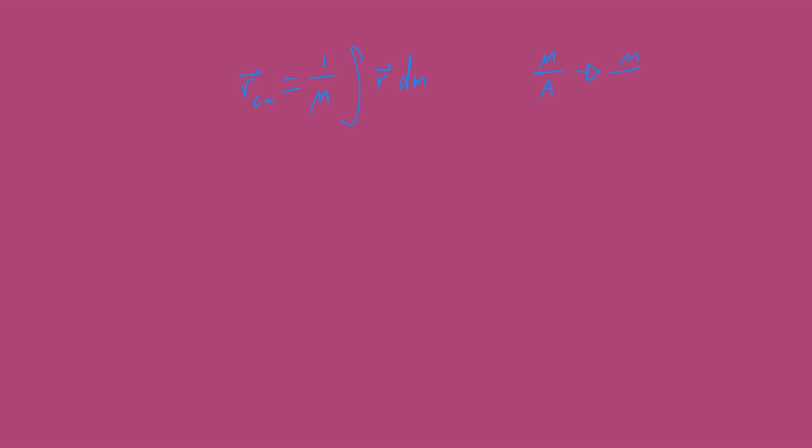If we want 3 dimensions, we're going to have to divide by volume, right? The units is going to be kilograms per meter cubed. So that's what we can do here. We can split this up and plug in our density.